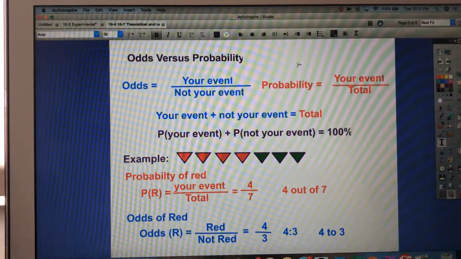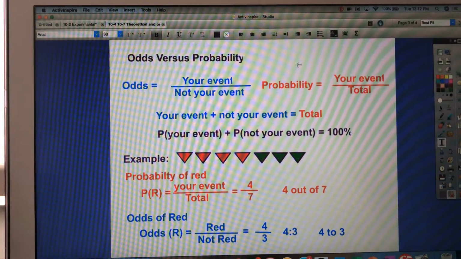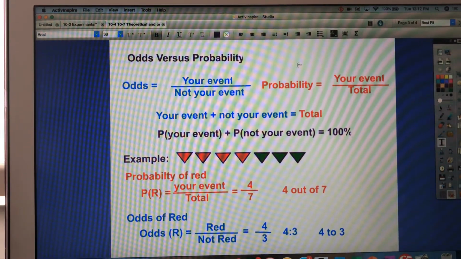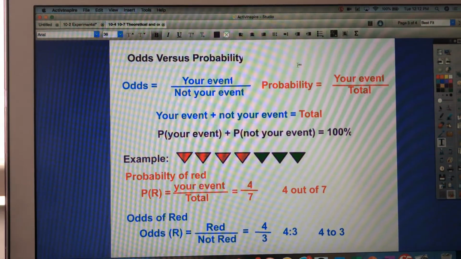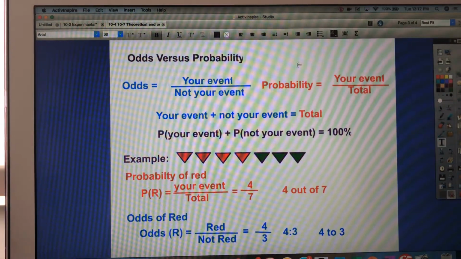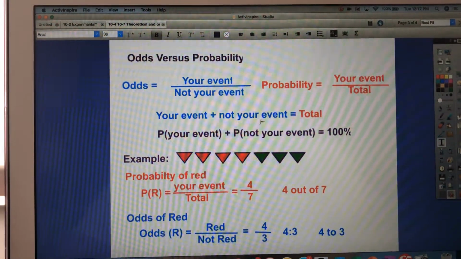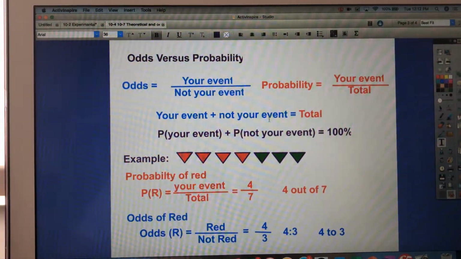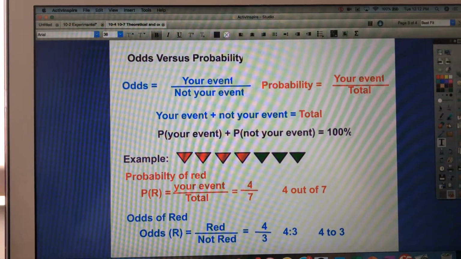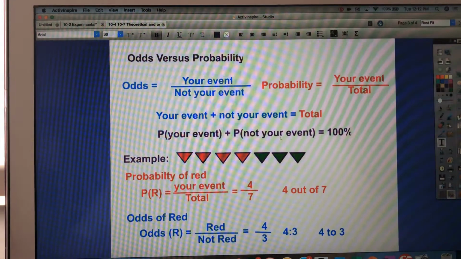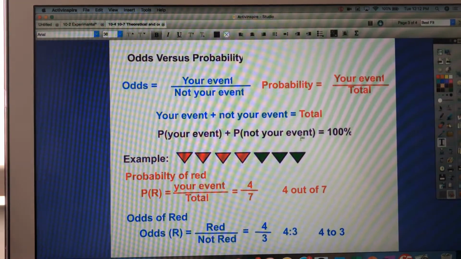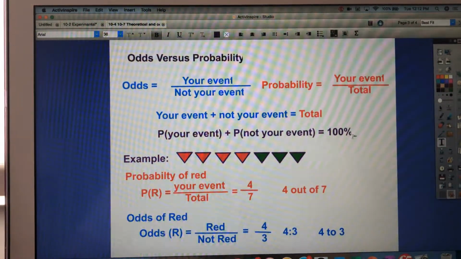You go to a casino and you say, well, what's the probability I'm going to win? That is very different than the odds of you winning. So let's take a look at it. Your event plus not your event, otherwise called complement, equals total. So the probability of your event plus the probability of not your event, complement, equals 100%.